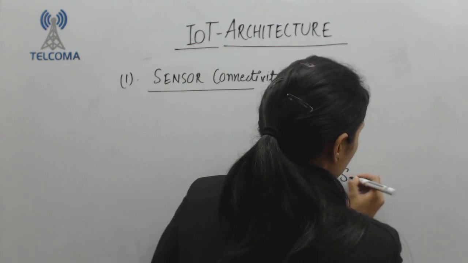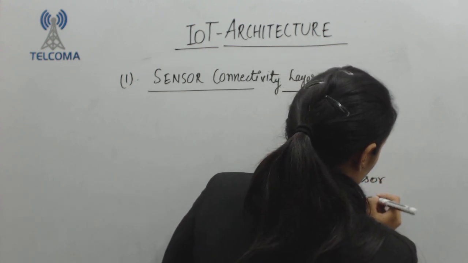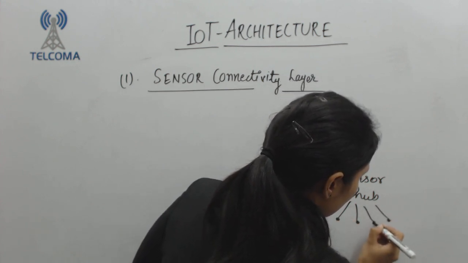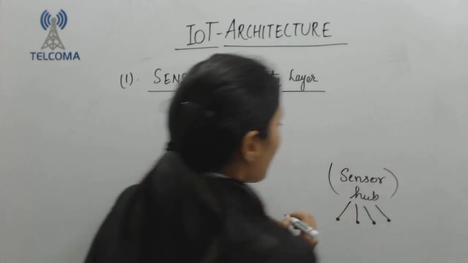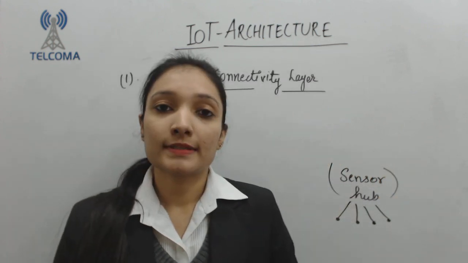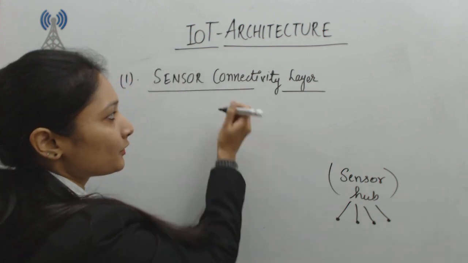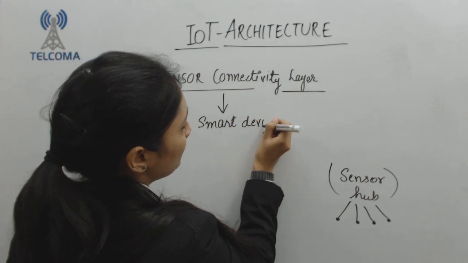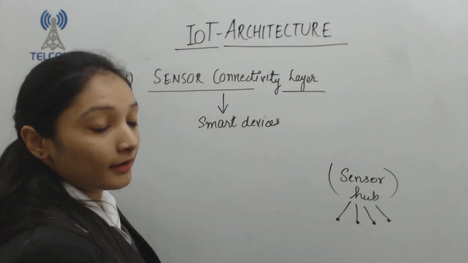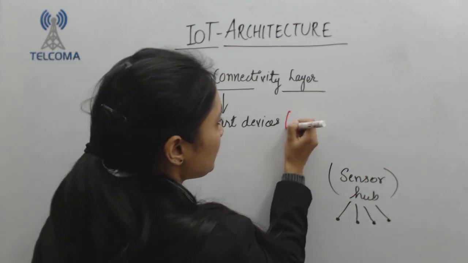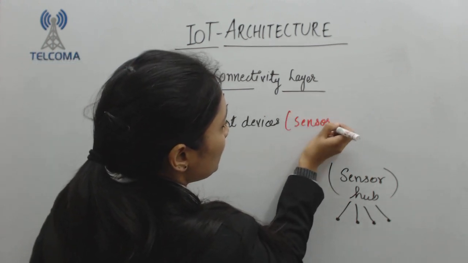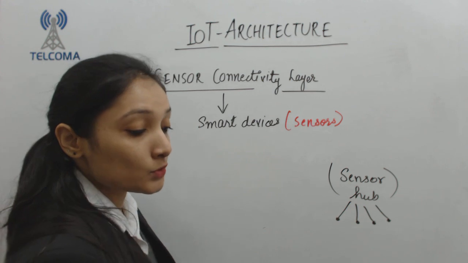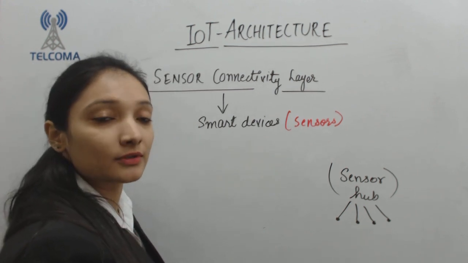Now, this is your sensor hub, that means a number of nodes here. So the sensor connectivity layer consists of a large number of smart devices, which are integrated with sensing capabilities. That means integrated with your sensors.